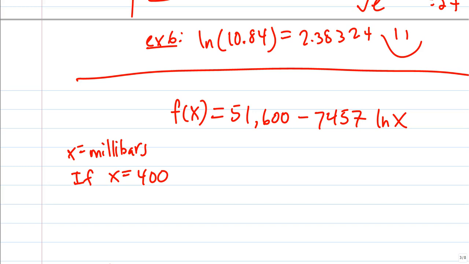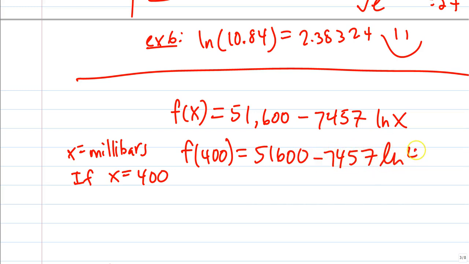What if x were 400? Well, then we would just do f of 400, which means we go to the equation, and where there's an x, we replace it with a 400.